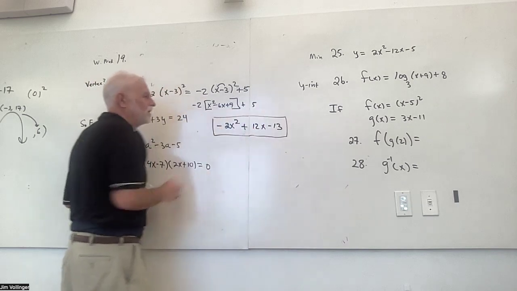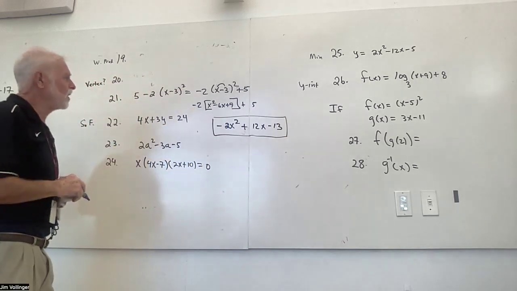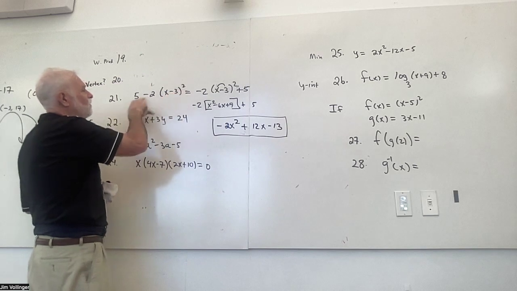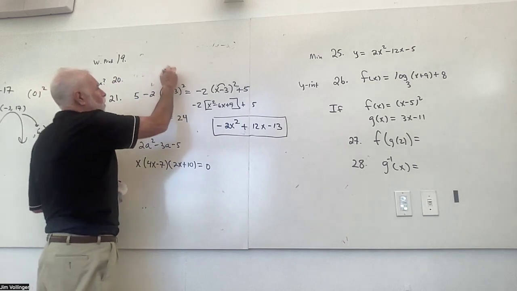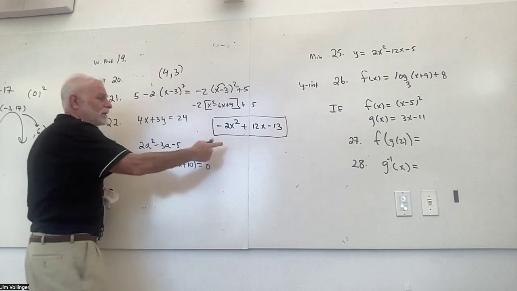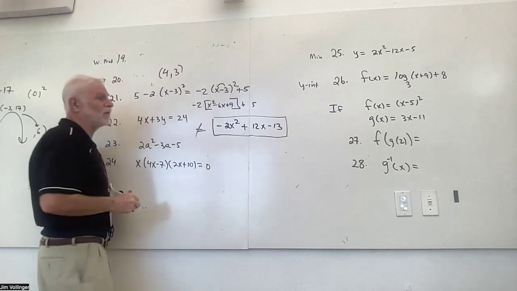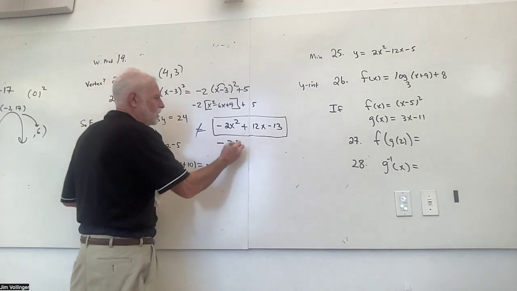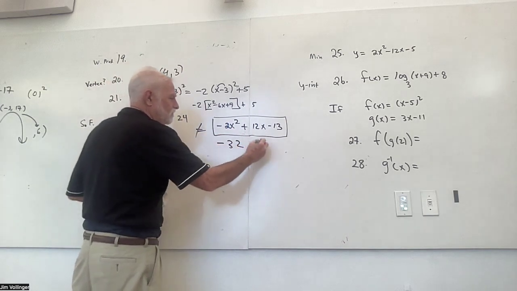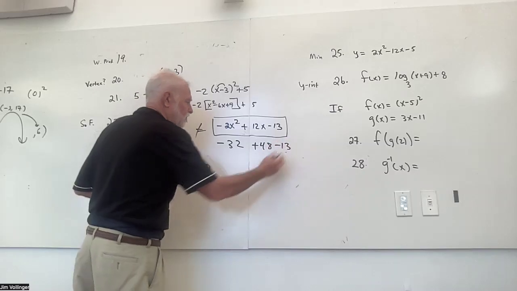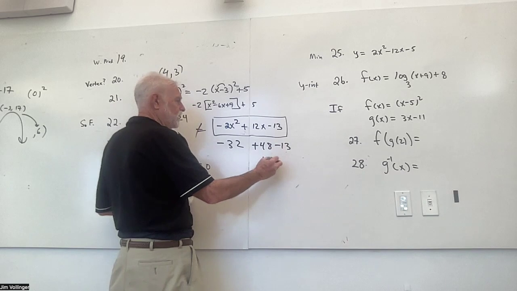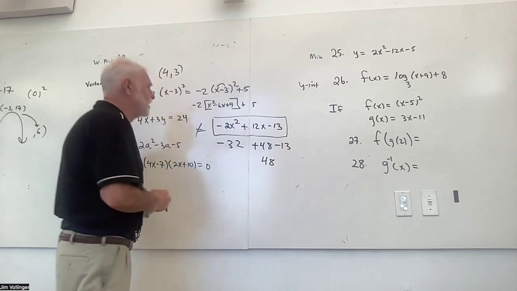There's your expansion. Let's check it real quick with a number like 4. 4 minus 3 is 1, 1 squared is 1, 5 minus 2 is 3. 4 gets me 3. If a 4 down here doesn't get me 3, then I cannot say they're equal calculations. 4 minus 32, 4, 48. Minus 13. Okay, help me out, Lord. 48 minus 32 minus 13 is, I made a mistake somewhere.